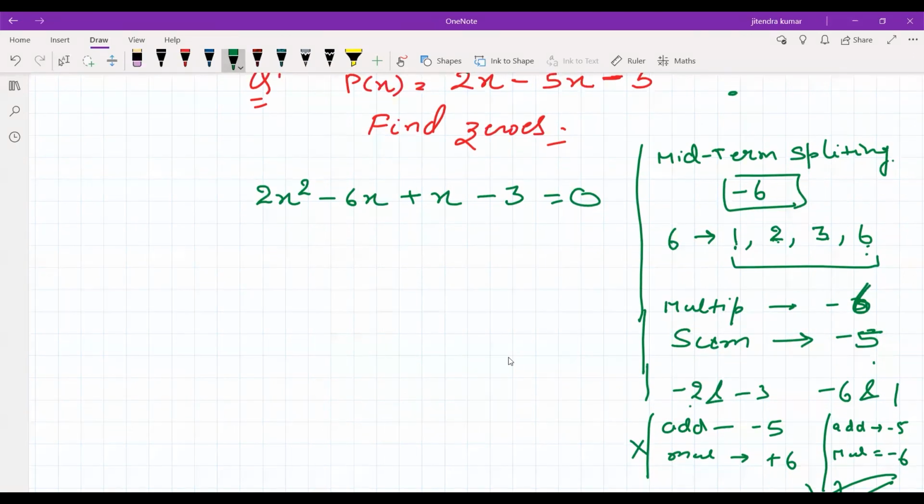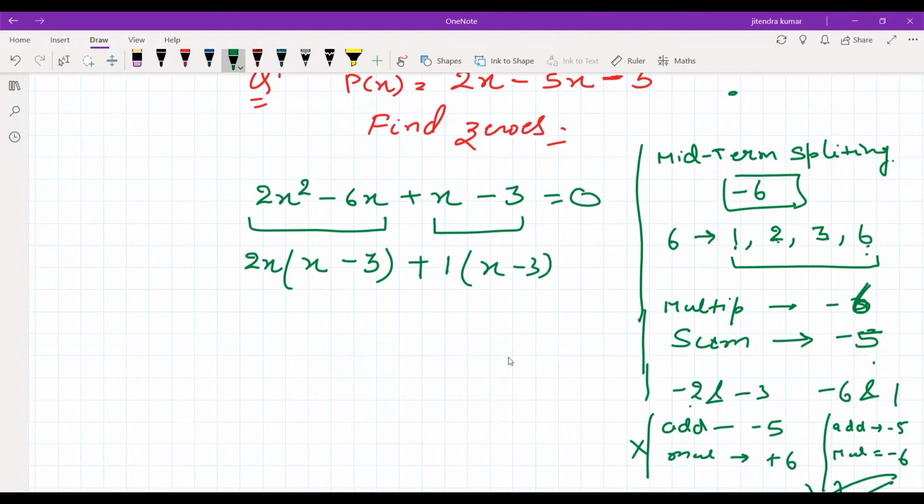In the next step, we take common from the first two terms and the last two terms. From the first two, we can take common 2x. Then we will have x here and minus 3 here. In the second two terms, we can't take anything common, so we will consider 1 as the common factor.